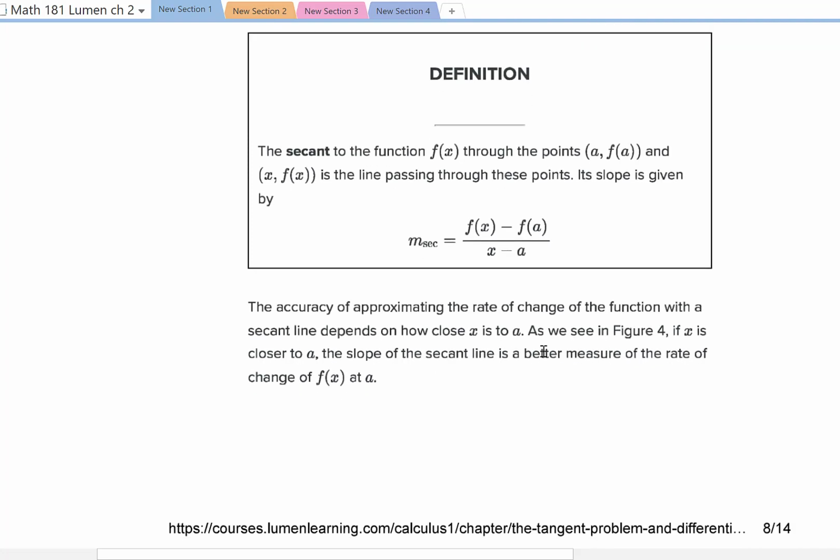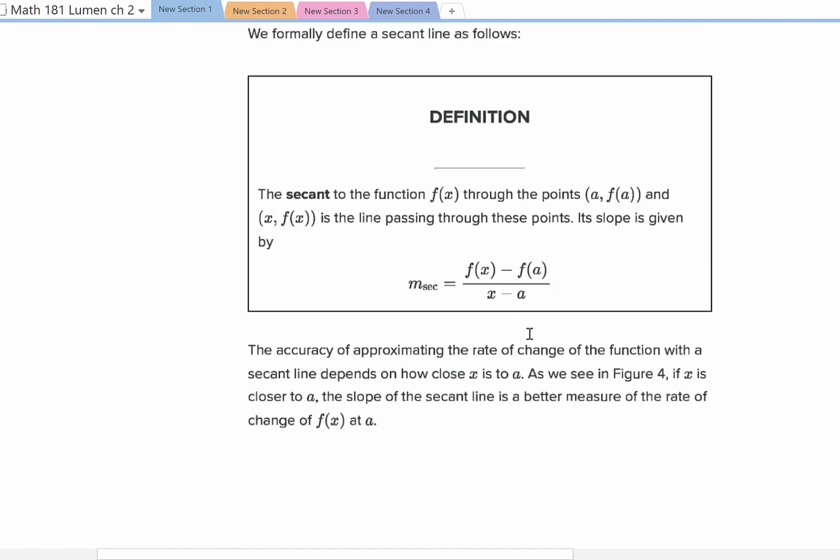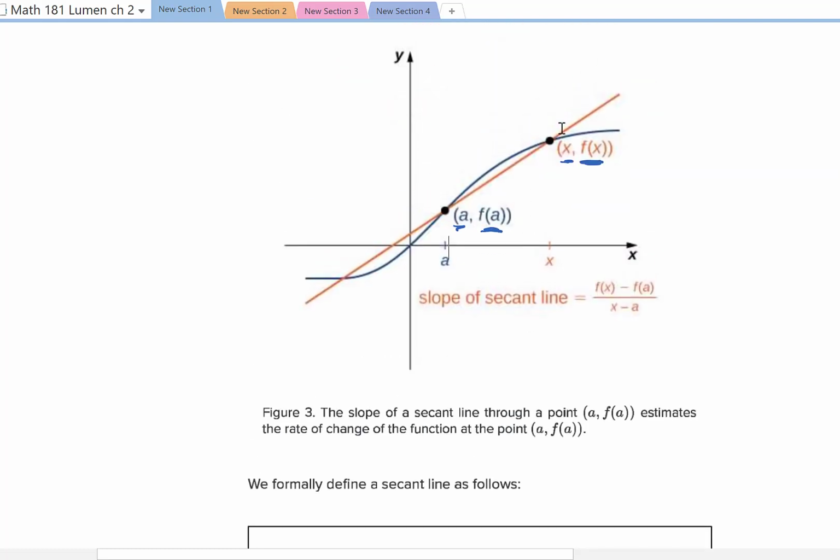So the accuracy of approximating the rate of change of the function at a with the secant line depends on how close x is to a. So the further apart they are, like this, it won't be great, but the closer we can get this second point to our initial point, the more accurate it's going to be.